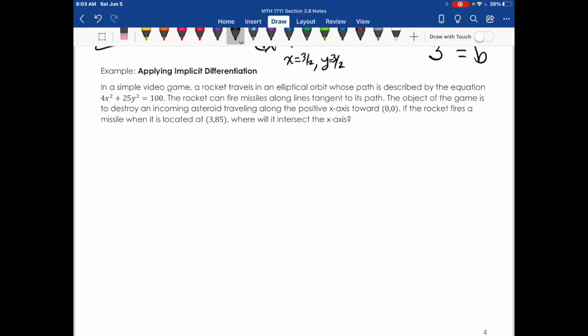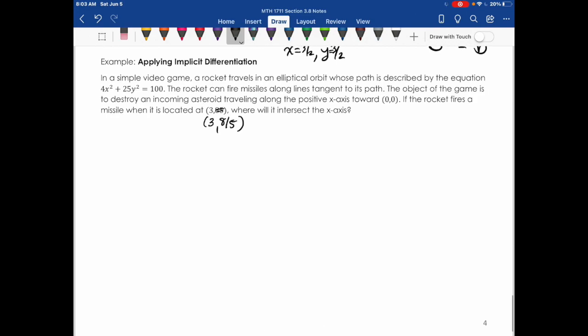So the object of the game is to destroy incoming asteroids traveling along the positive x-axis towards the point 0, 0. If the rocket fires a missile when it is located at 3, 8/5, where will it intersect the x-axis?